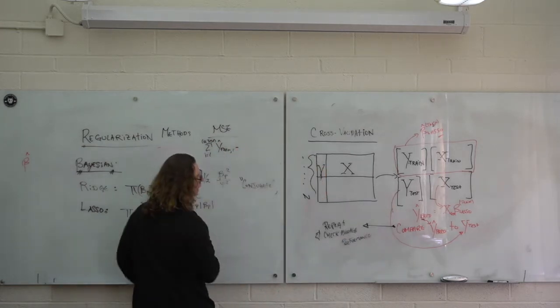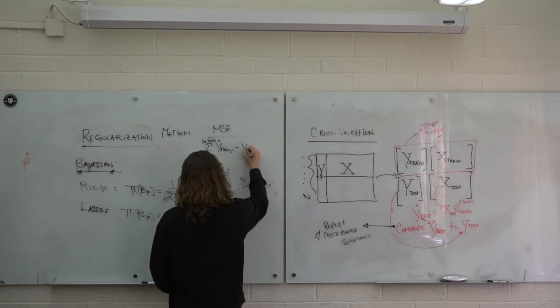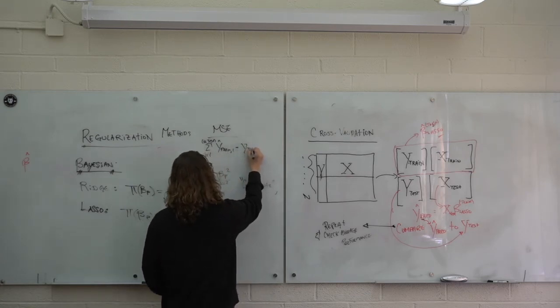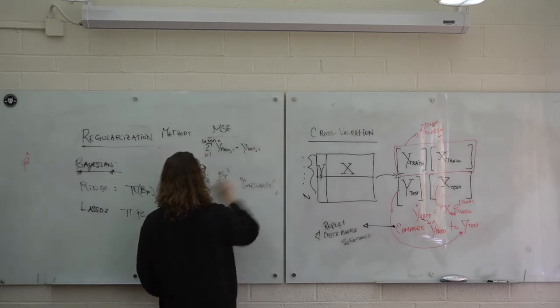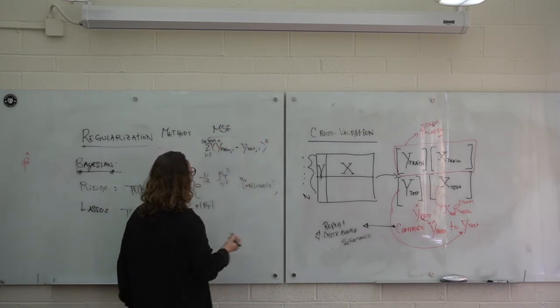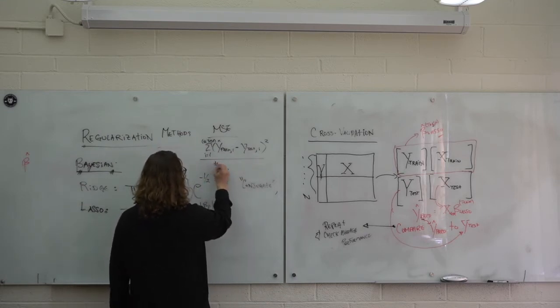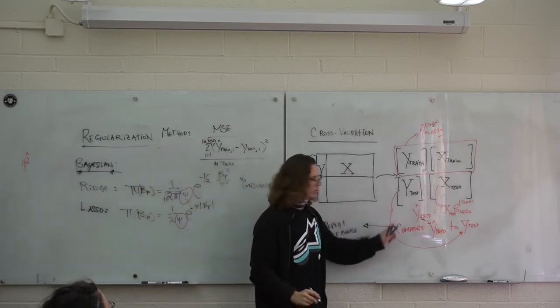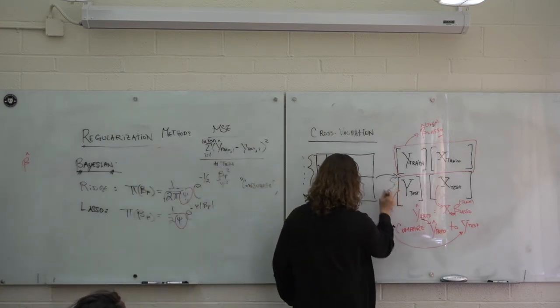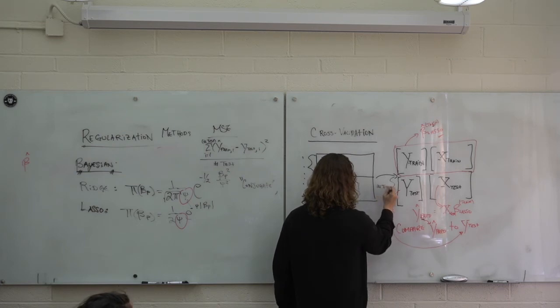And I'm going to compare that to y test. I'll have the ith index right there, square this thing out, and divide by the number in your test set, however big this is. So this is the number in the test set.